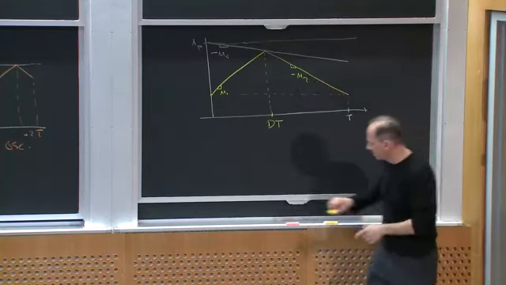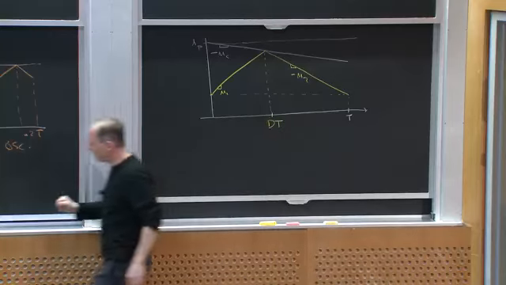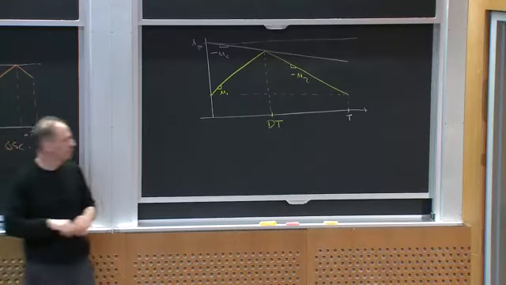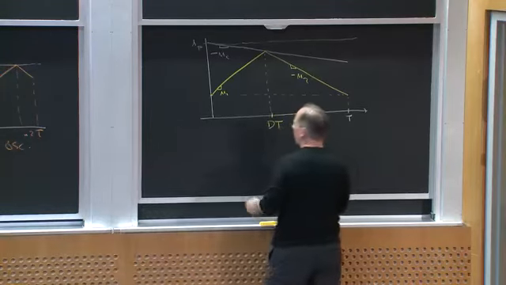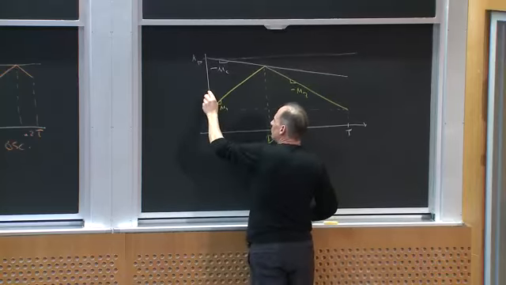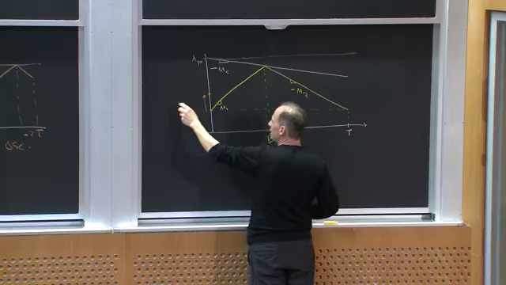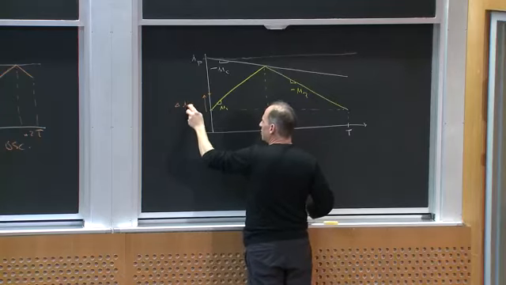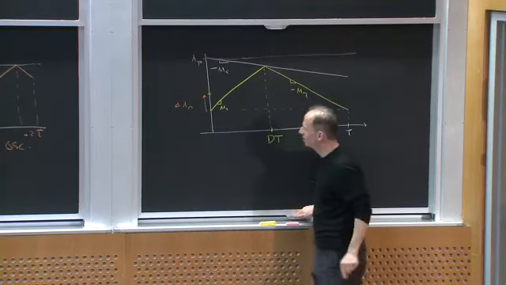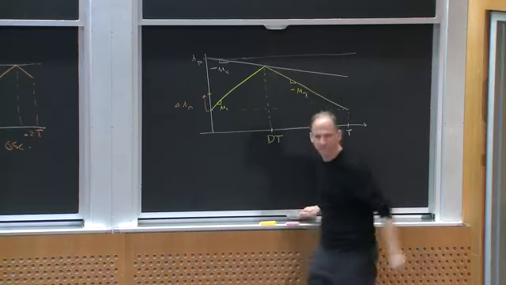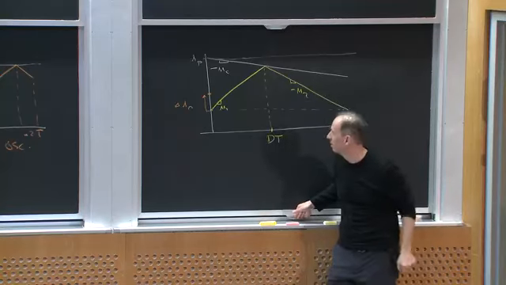Let's suppose my inductor at the beginning of this cycle started off a little bit high. So suppose he started off here. He has some error, some deviation from periodic steady state, that I'm going to call delta I sub n. What would happen?